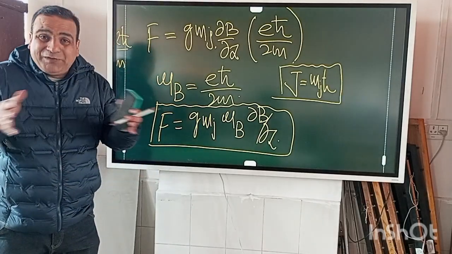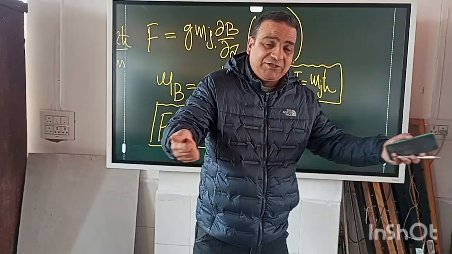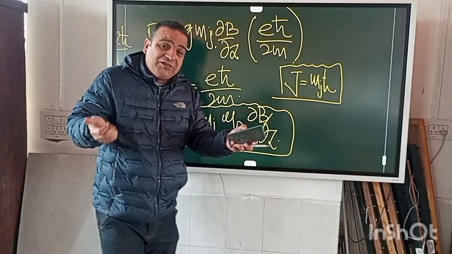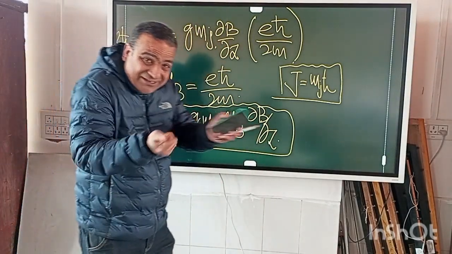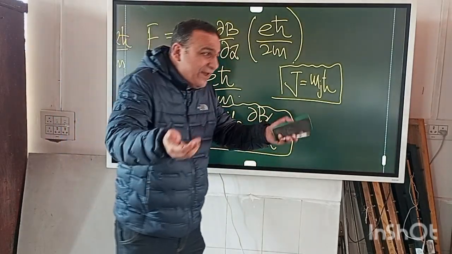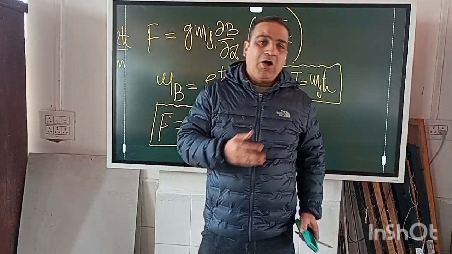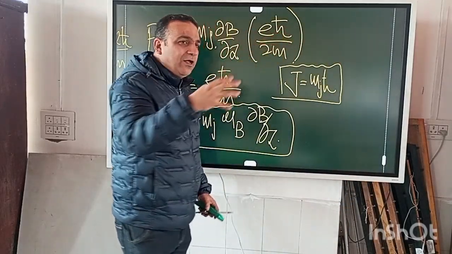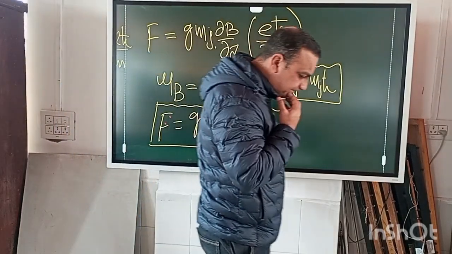And if it splits into 2 forces, that means there will be 2 different orientations, 2 different deflections along which these silver atoms will be projected. And if they are projected into 2 different domains, you automatically get 2 spots on the screen which are being hit by these silver atoms.